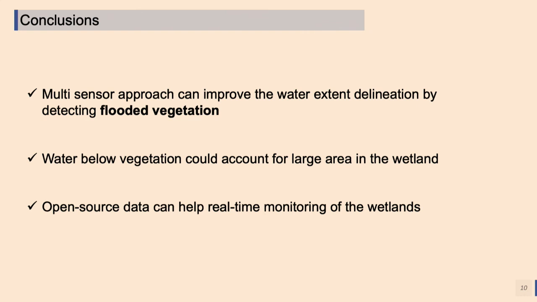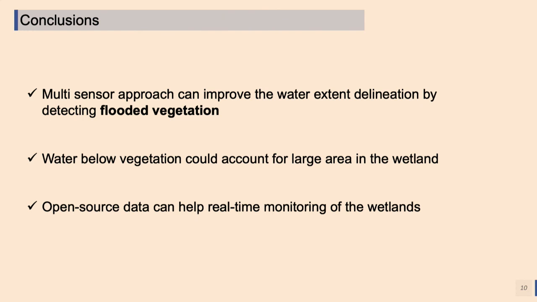And we can then relate these sorts of changes to the effect of the Baltic Sea or the nearby atmosphere or environment on the wetlands. And as we saw in some wetlands, the hidden water could account for large amounts of water inside the wetlands. So it's important to detect this hidden water.